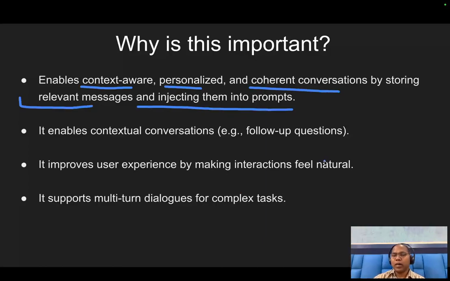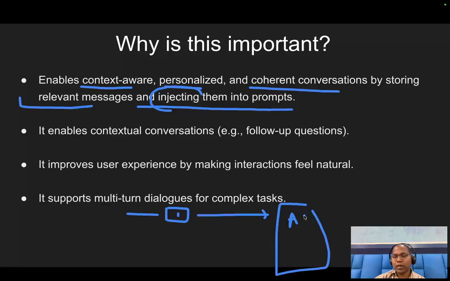This way our application or AI layer injects those into the prompt. So the story is that whenever you ask a question first to the AI, the AI responds, "Hey, this is the first answer." Okay, first answer.